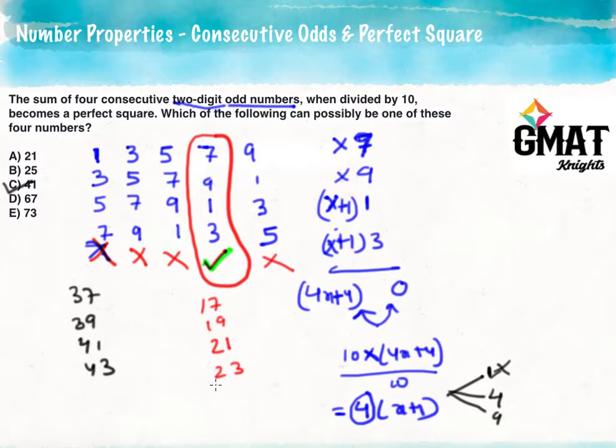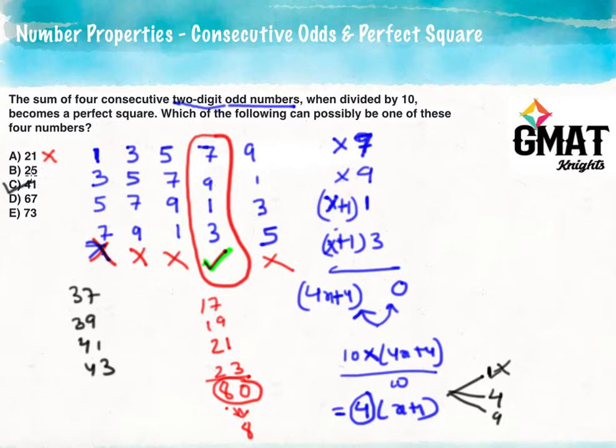Now if you add these up, you get 4, 6 and 8, 80. When you divide it by 10, you get 8, which is not a perfect square, so you can rule this out.